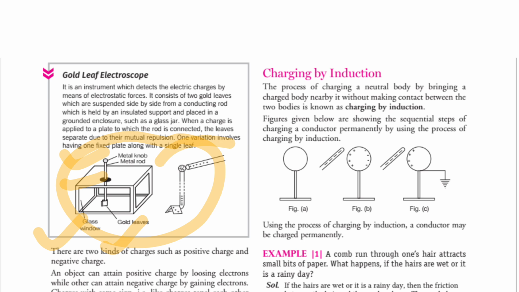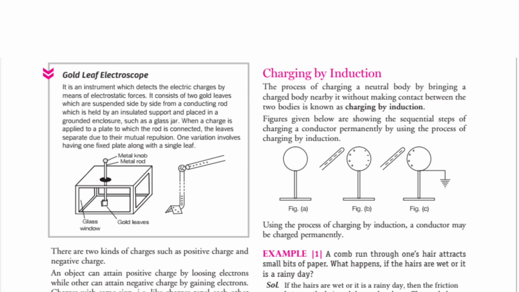Over here we can see there are positive charges on the gold leaves, on the rod and on the knob. It is one of the instruments that works according to electrostatic force, where we have electric charges.